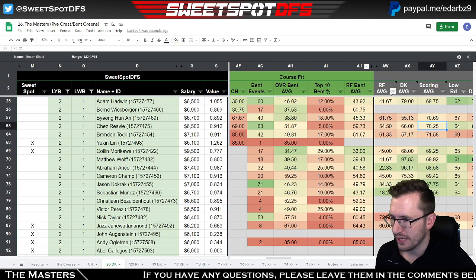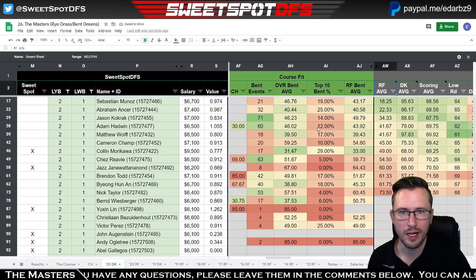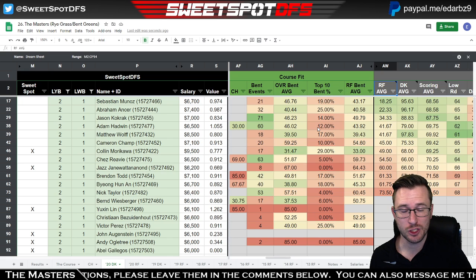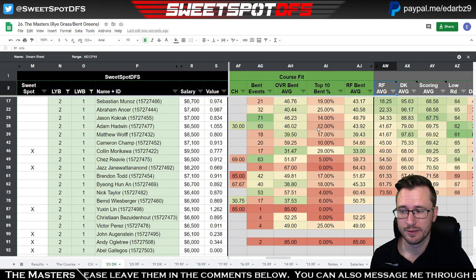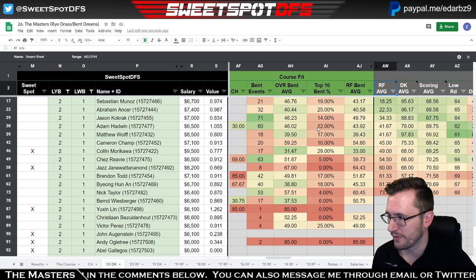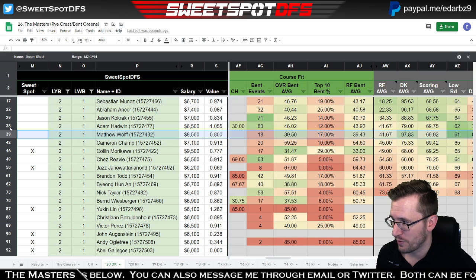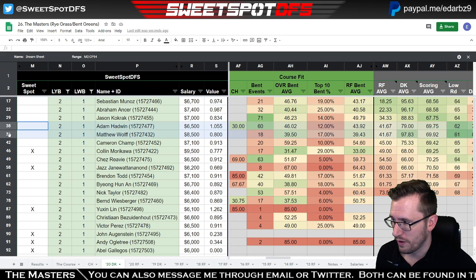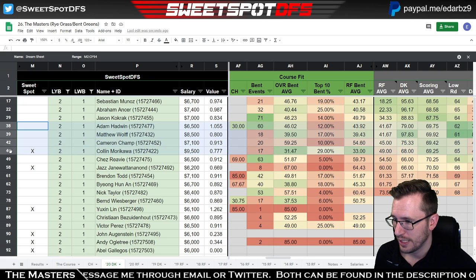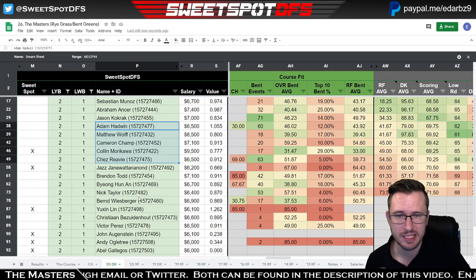If we're looking at just recent form, who fits that mold of these 2-1s that obviously have that 40 to 60 recent form average? And it's very short. You've got Adam Hadwin, Matthew Wolff, Cameron Champ, Collin Morikawa, and Chez Reavie. Those are really your only 5 golfers that fit that mold.